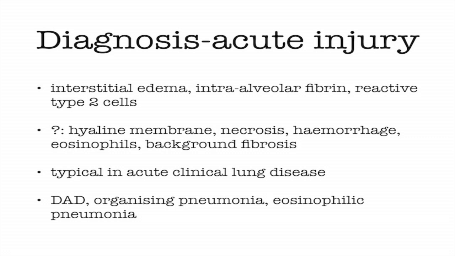Hence, the reason I stress telling us the acuteness of the disease, so that then I can also begin to factor in these thoughts once I'm looking at the slide for you. So the examples that fall under here are the organizing pneumonias, or even the eosinophilic pneumonias, but depending on what I'm reading on the slide.